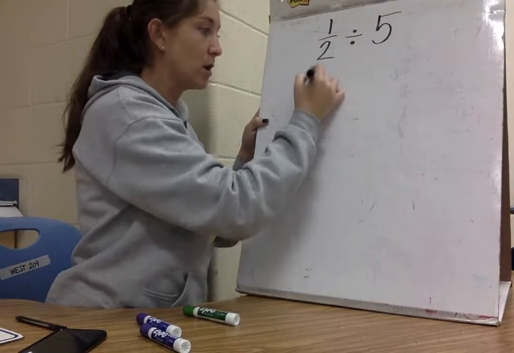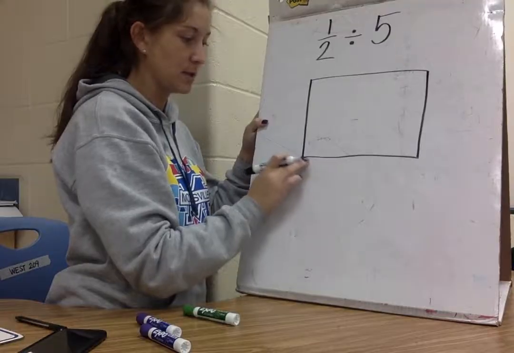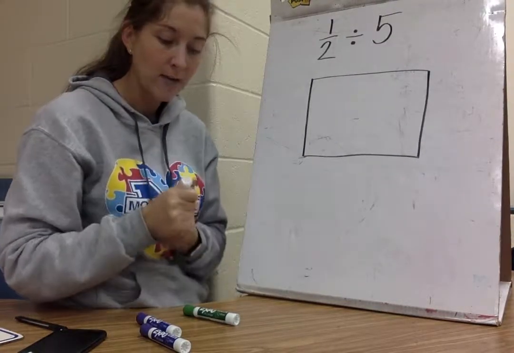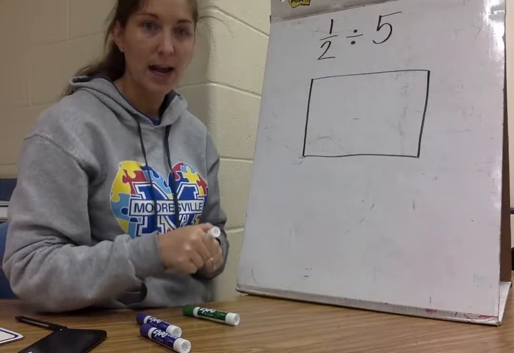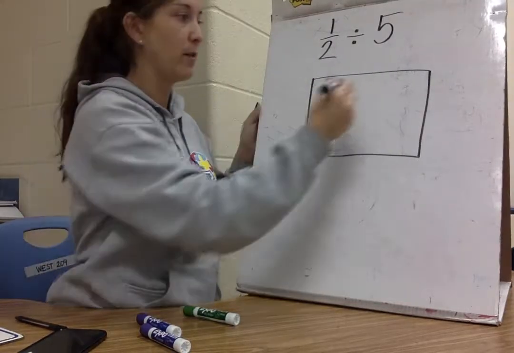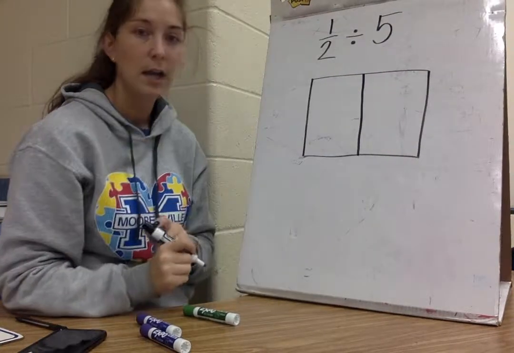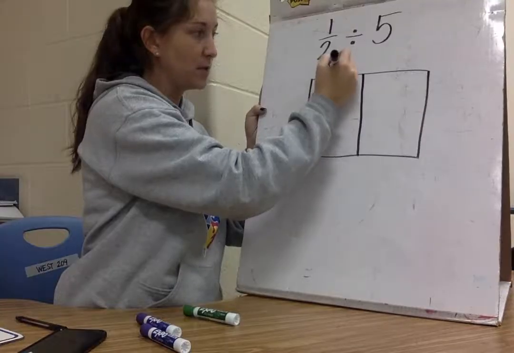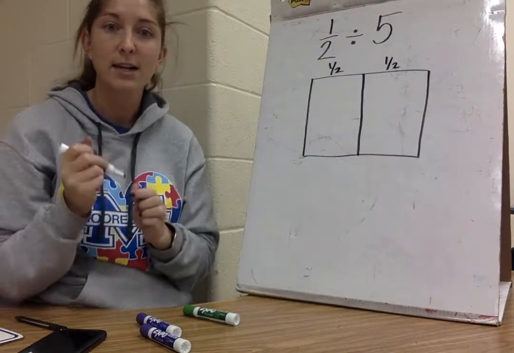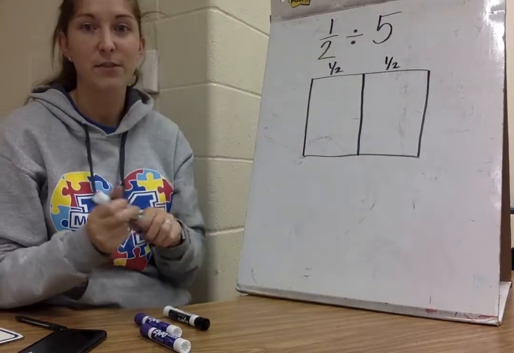So I'm going to draw my one model here. This time it's going to look a little bit like a rectangle. And I've got to take that one model and split it in half, so I've got to cut it into my fractional amount. Now that I have something that represents 1/2 and 1/2, I've got to cut each of my halves into 5 pieces.